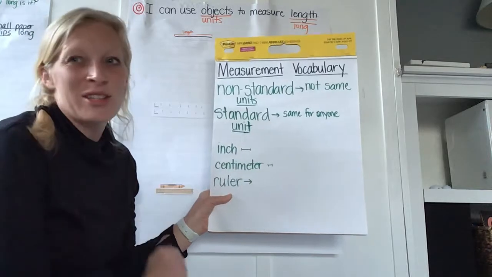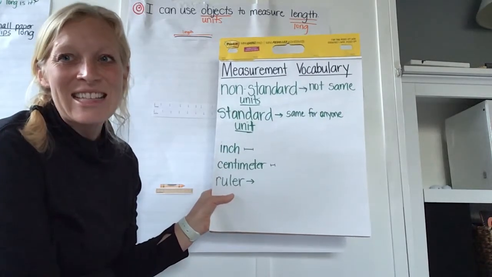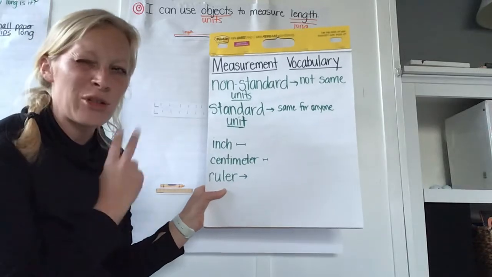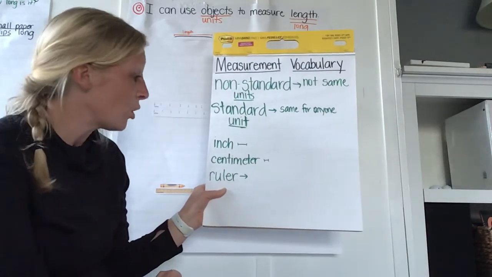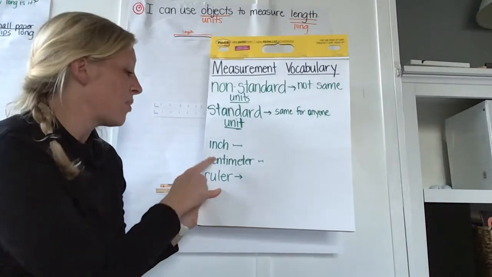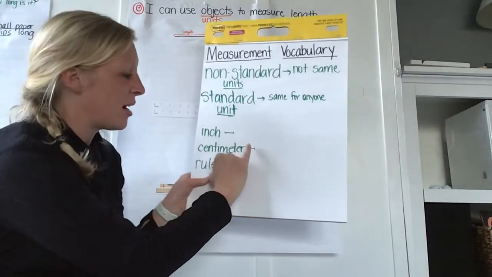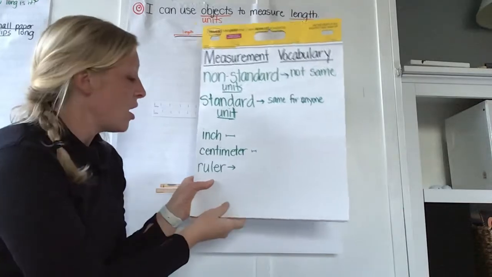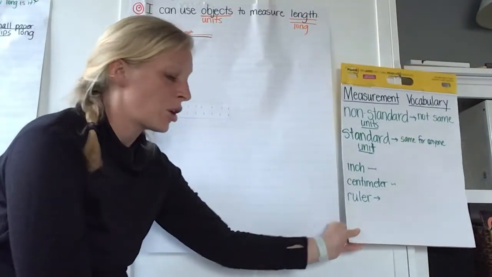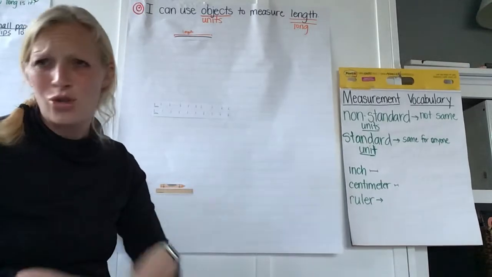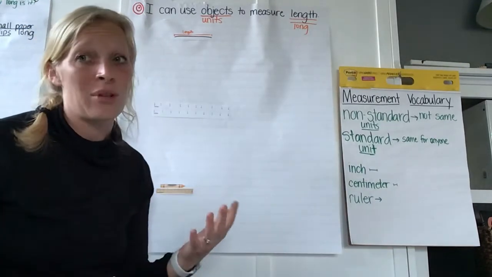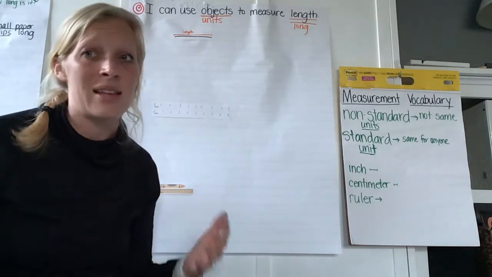The standard units, though, are what we learned about yesterday. Standard means that they're the same for everybody else. And we learned about two in particular. We learned about our inch, which is about the size of a quarter. And we learned about our centimeter, which is about the size of my pinky finger. We learned about them because we find them on a ruler, which is a tool. We have tools for everything. We have tools like a number line. We have tools like our base 10 blocks.